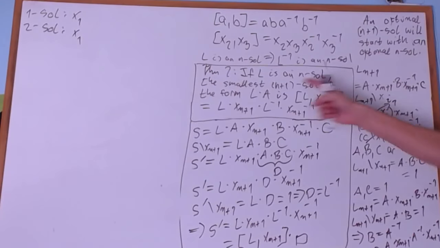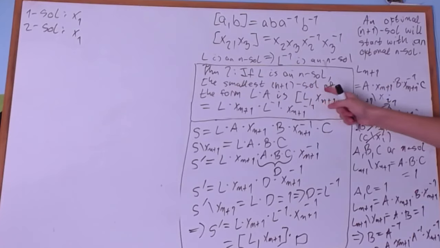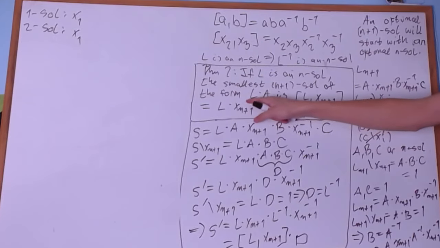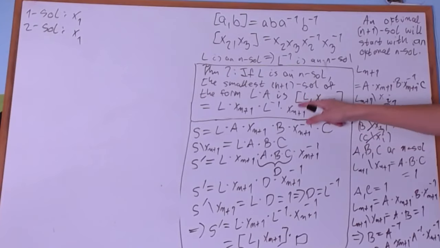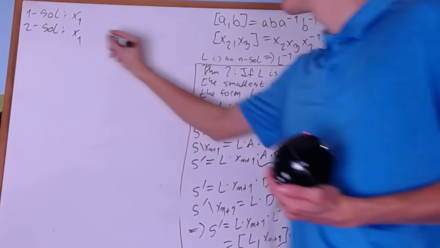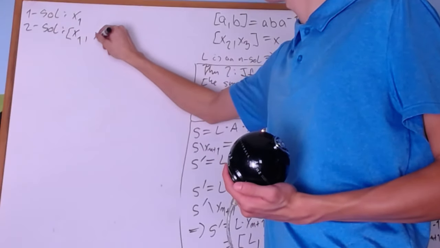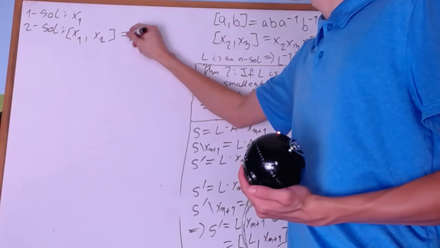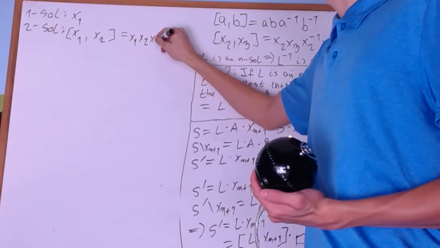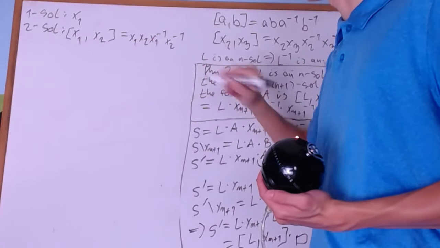And what it says is that the optimal n plus 1 solution, where it begins with the solution, is the commutator of that solution with xn plus 1. And so the solution we get out the other end is x1 commutated with x2, which is x1 times x2 times x1 inverse times x2 inverse.